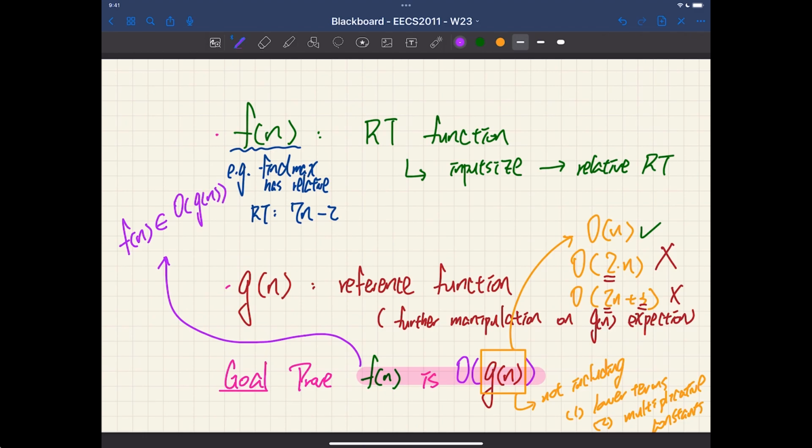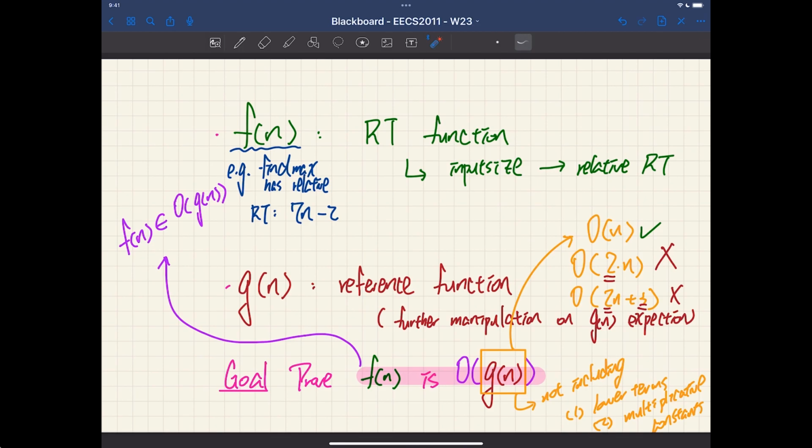You can either say f(n) is in this family, or you can say f(n) is a member of this big O. And this symbol here, I assume you have seen in the previous course about set theory. That's a simple one, okay?